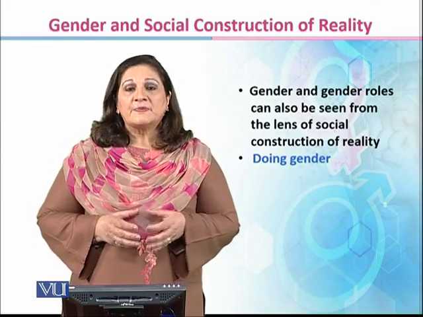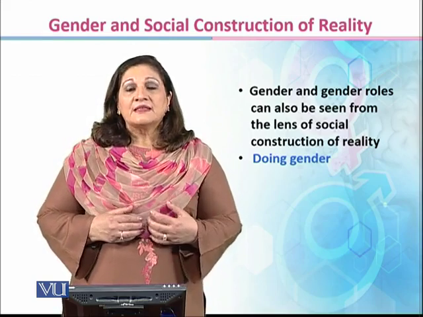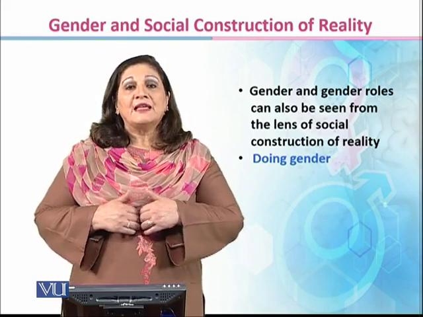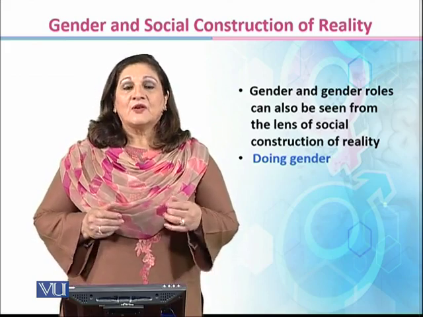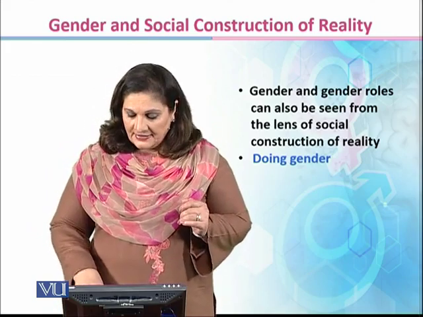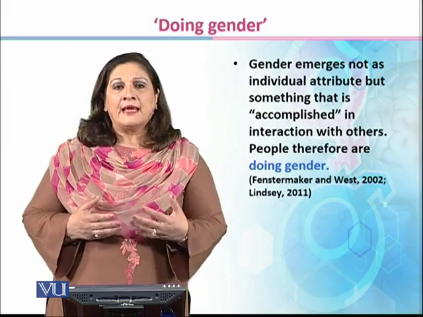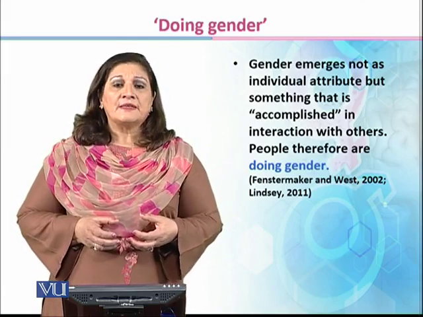According to this perspective, when we talk about gender, gender is not something which we were born with, which was automatically happening to a society or to people. They call it doing gender. That is, gender is something that we do, that we plan, and that we have introduced to the society.